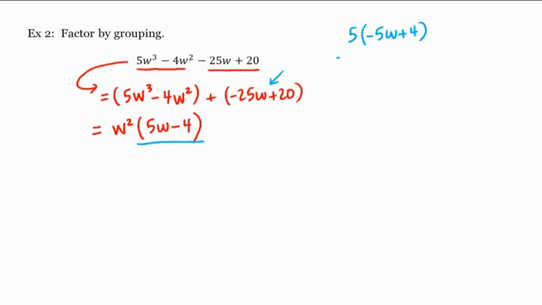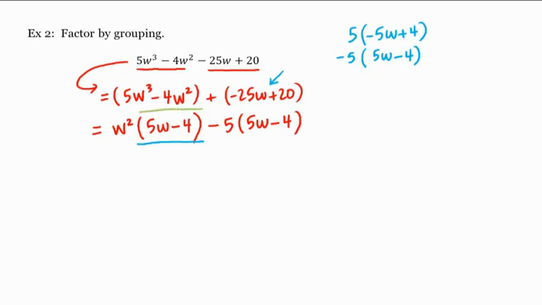However, if we factor out a negative 5, we're left with 5w minus 4, which is that same binomial. So that's what we want to factor out, the negative 5. So this is minus 5 times 5w minus 4.